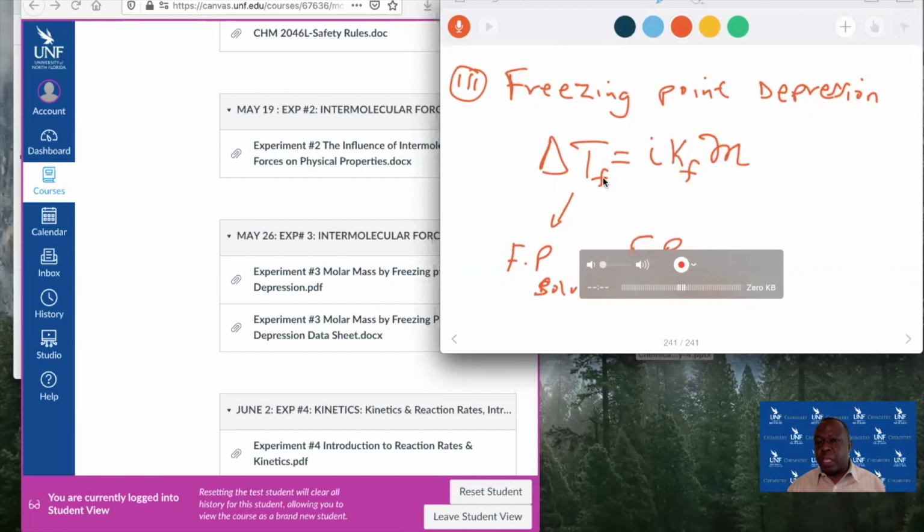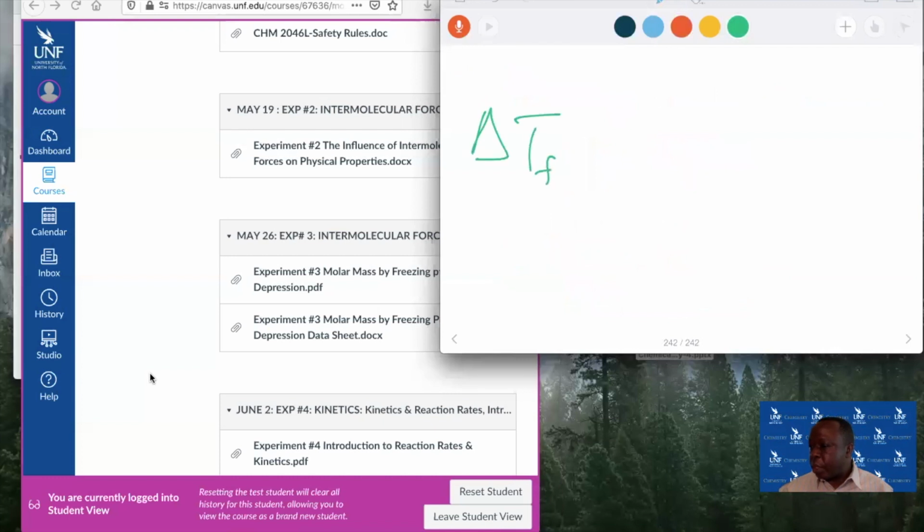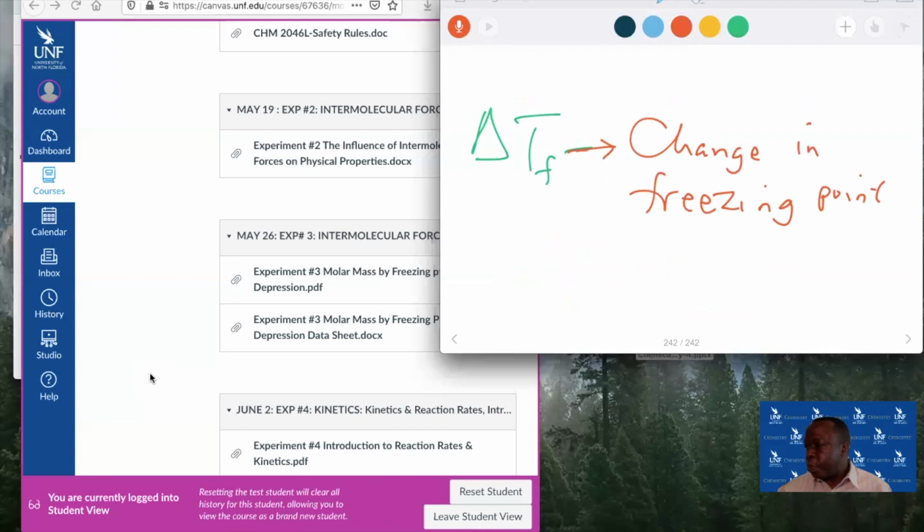To get the left side of this equation, you'll have to perform the experiment in such a way that you use this to get the change in freezing point between solvent and solution. Between solvent and solution.